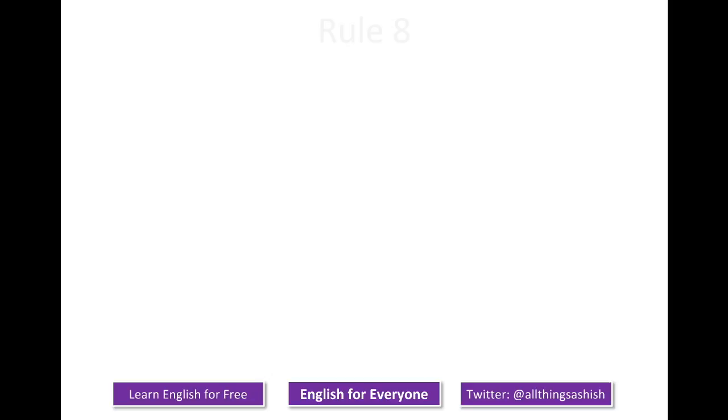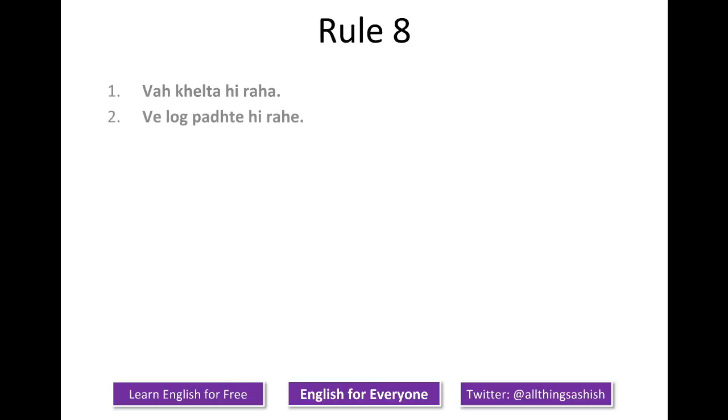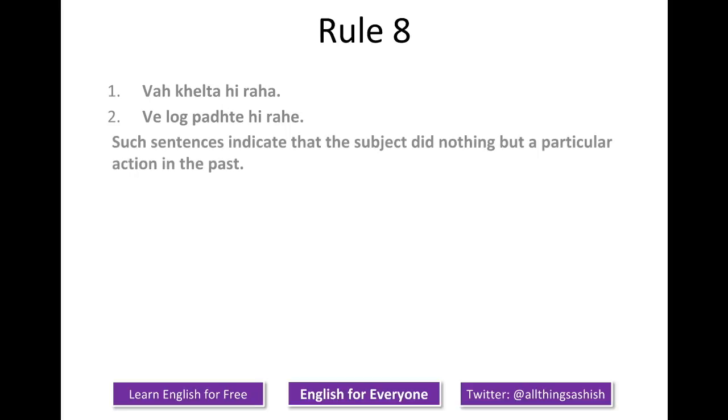Rule number 8. वह खेलते ही रहा. वे लोग पढ़ते ही रहे. Such sentences indicate that the subject did nothing but a particular action in the past. The formula for translating such sentences will be subject plus did nothing but plus the first form of the verb.